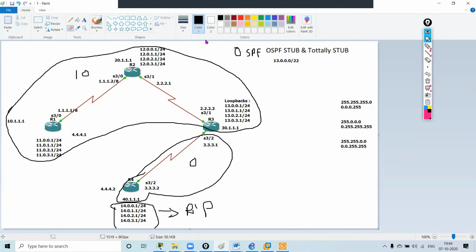I'll remove all the other things. Just give me a second. Okay, OSPF stub and totally stub.